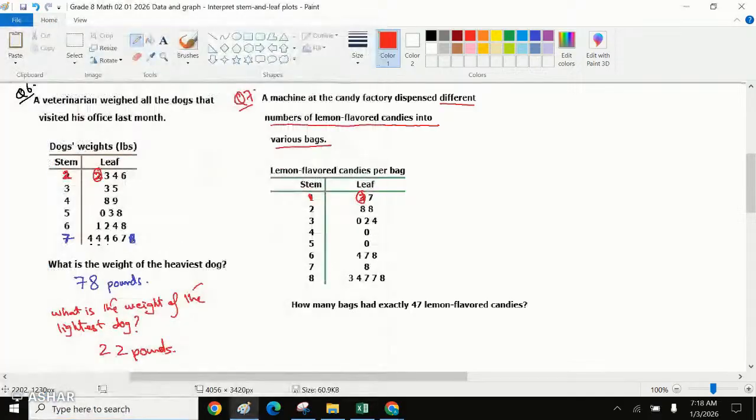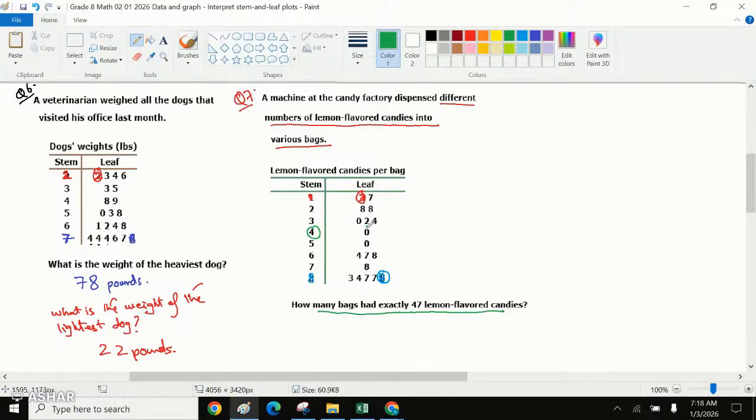What should be the maximum? Yes, 88 would be the maximum, right? But what they're asking us is, how many bags had exactly 47? So let's look at 47 candies. Does any bag have exactly 47 candies?